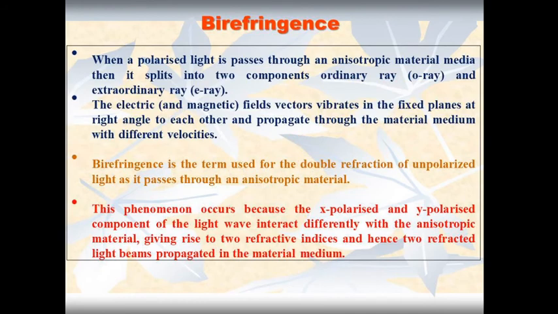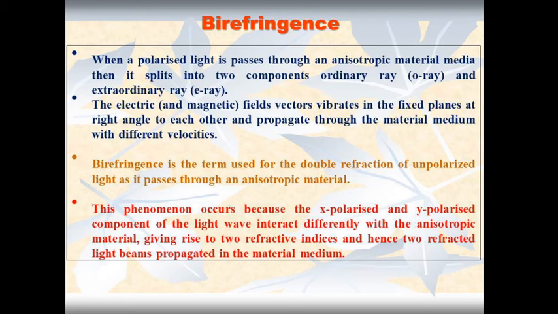Birefringence is an important concept. Birefringence is the term used for the double refraction of unpolarized light as it passes through an anisotropic medium. This phenomenon occurs because the X polarized and Y polarized components of the light wave interact differently with the anisotropic material, giving rise to two refractive indices, and hence two refracted beams propagating in the same material medium. The light passing through the medium splits into two components, the ordinary and extraordinary rays.